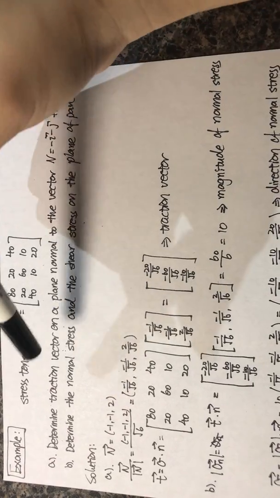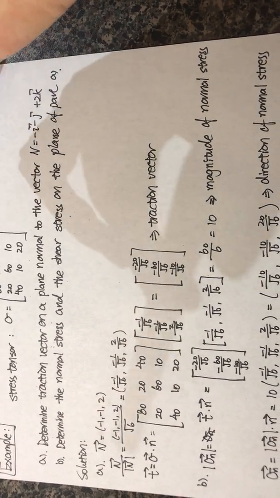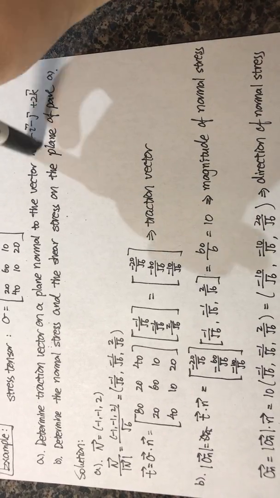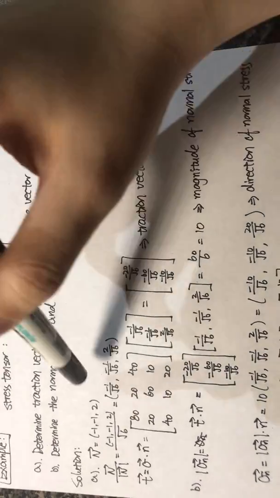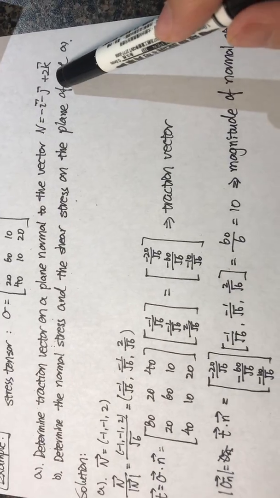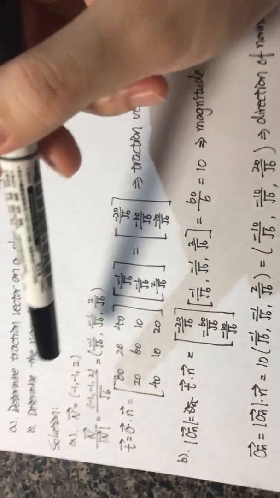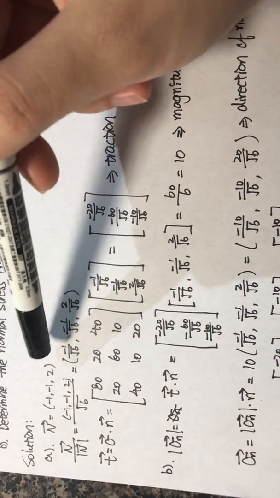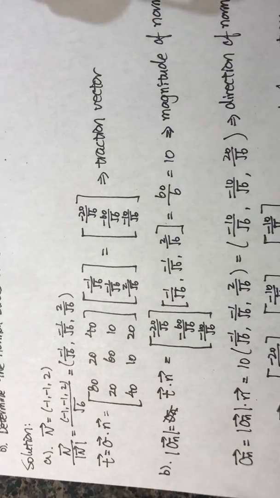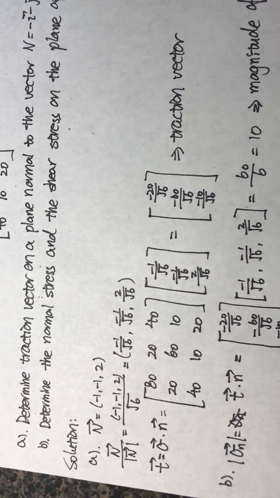For part B, we're going to determine the normal stress and the shear stress on the plane of part A. So for this vector, we have minus 1, minus 1, and 2. We normalize it, and we get minus 1 over square root of 6, minus 1 over square root of 6, and 2 over square root of 6.